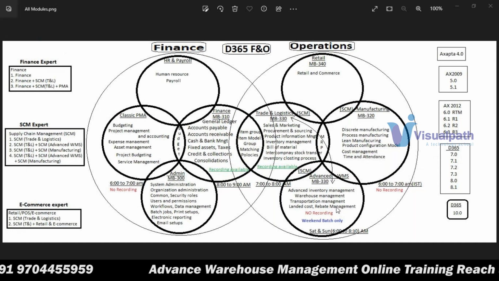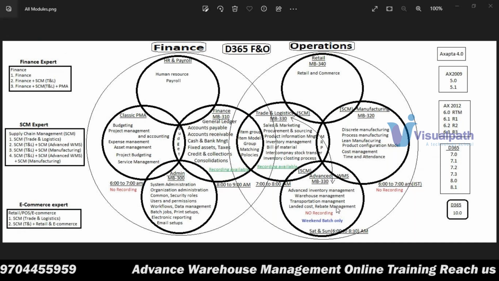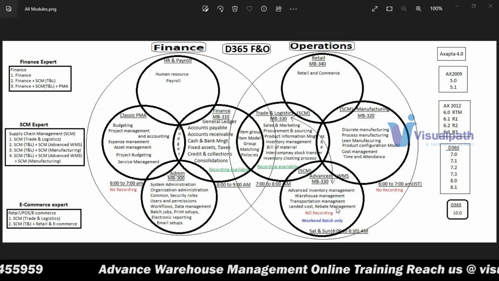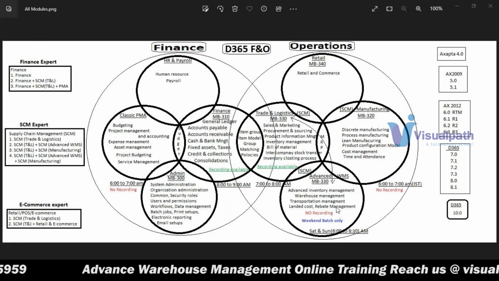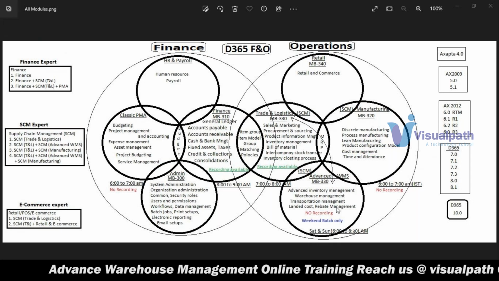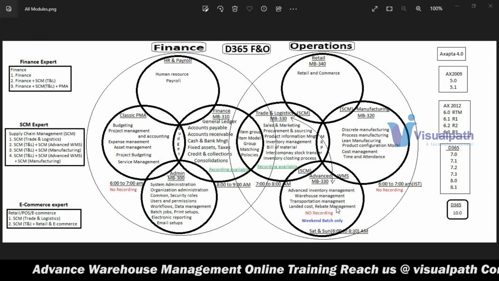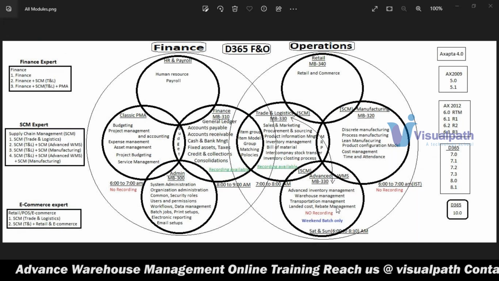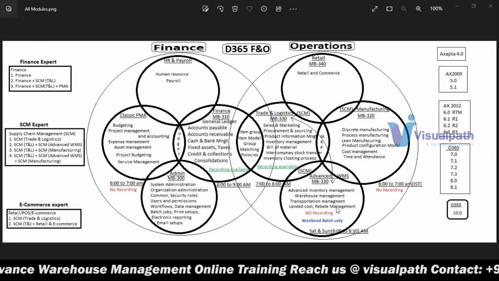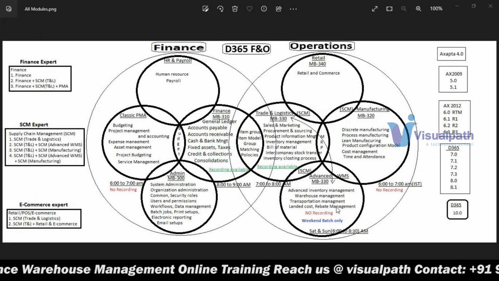In the advanced warehouse management system, as you already mentioned, regarding the mobile devices, there are a lot of menus inside. As per the requirement, we arrange the mobile device menus based on what we are configuring. In this session, will we also learn how to configure those mobile menus?